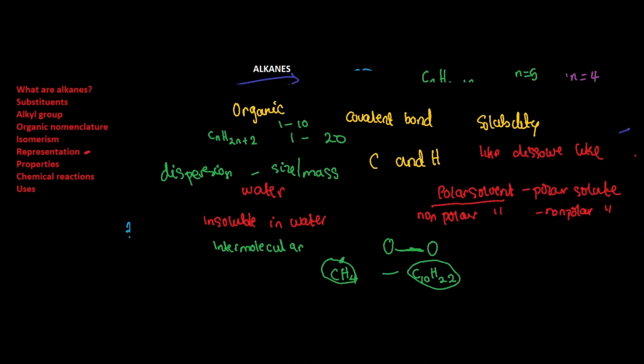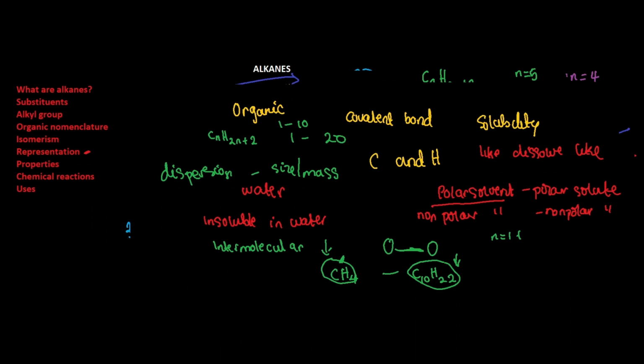So it means that the dispersion force, or the intermolecular force, that exists between methane molecules is lower as compared to the force that exists between the larger alkane molecules. And this plays a role in the physical state of these organic compounds, because of course the higher the intermolecular force, the more likely it is for that substance to be solid.